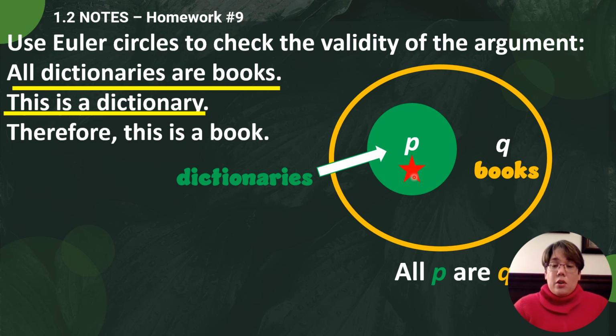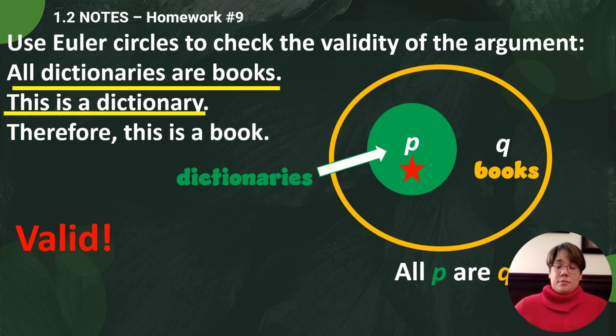Is this star in the circle that makes it a book? Well, yes, actually it is, because it's in this bigger circle that says it's also a book. So it turns out that this is a valid statement. So we're okay with this, and you would just check that this is valid.